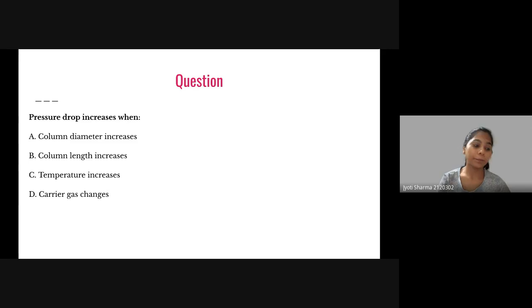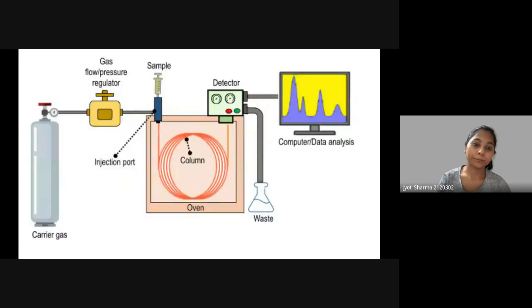Yeah, so pressure drop will always increase whenever we increase the column length, right? Just like this, if the column length is more, then there will be more pressure drop.